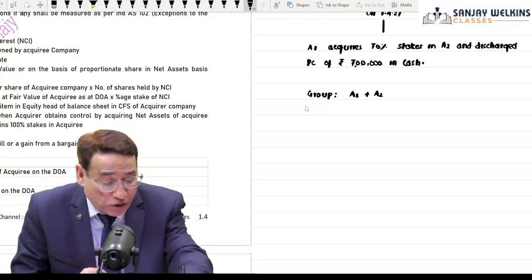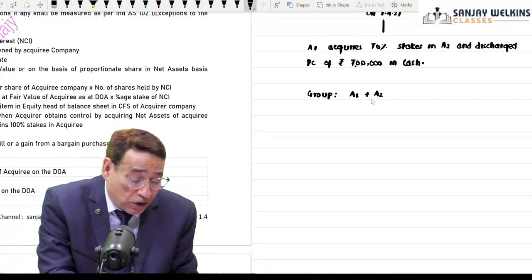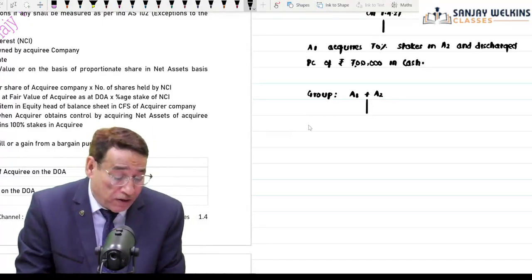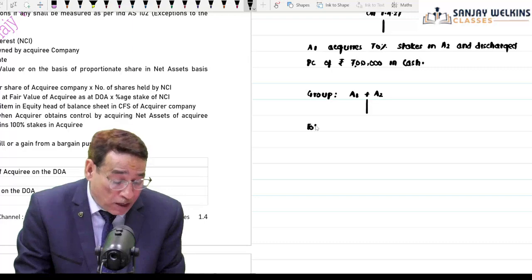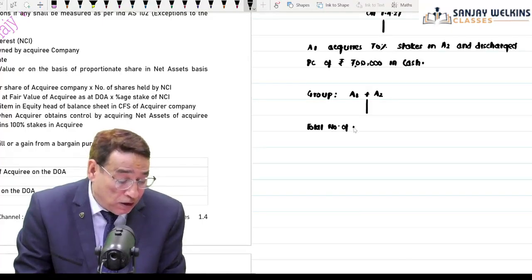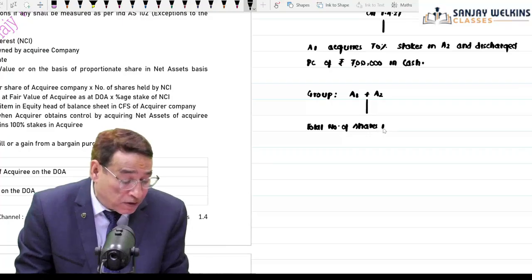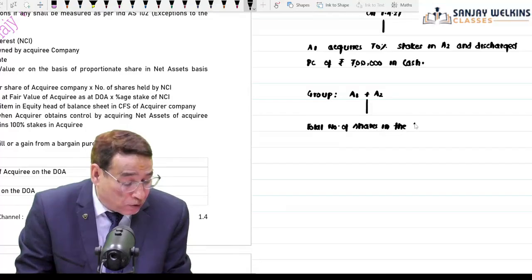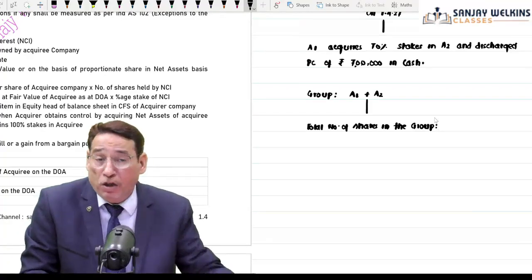Now my next question is, what is the share capital or number of shares of the group? Total number of shares in the group. Let me know the total number of shares in the group.